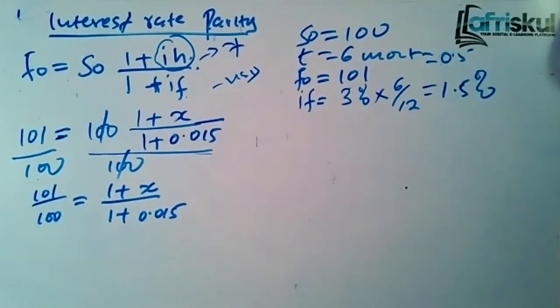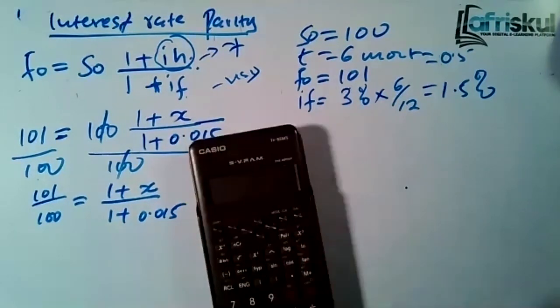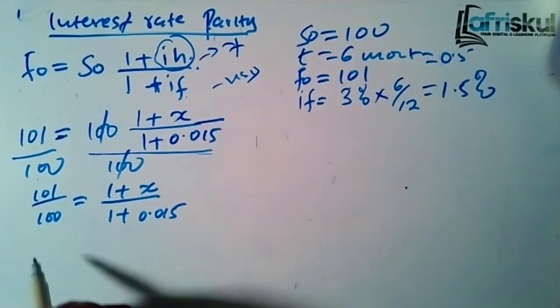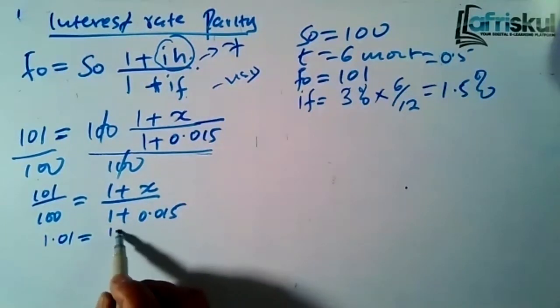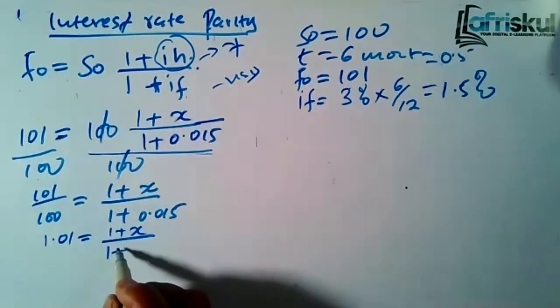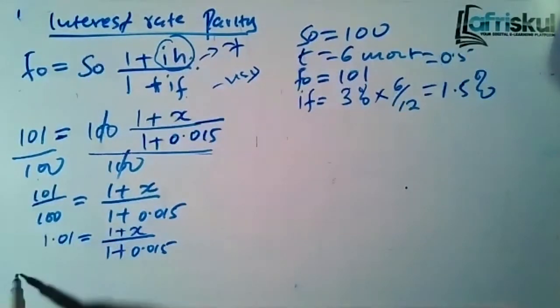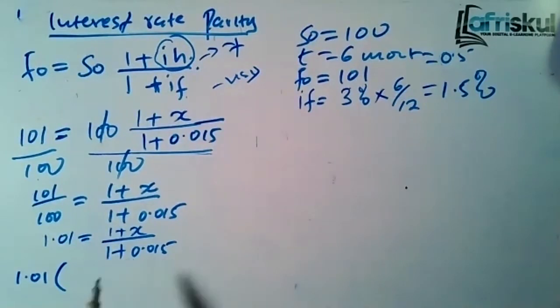If you do a simple calculation, 101 divided by 100 gives 1.01. So 1.01 is equal to 1 plus x, divided by 1 plus 0.015. Then you cross multiply: 1.01 times 1 plus 0.015 is equal to 1 plus x. Open the brackets: 1.01 plus 1.01 times 0.015, which gives 0.01515, is equal to 1 plus x.